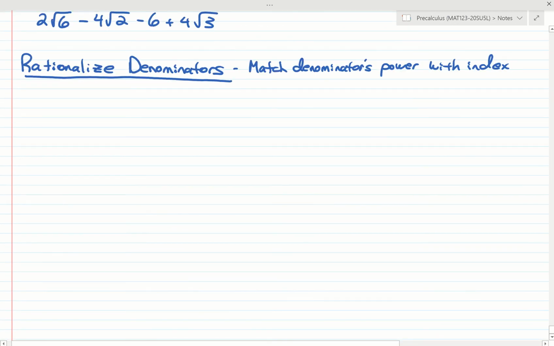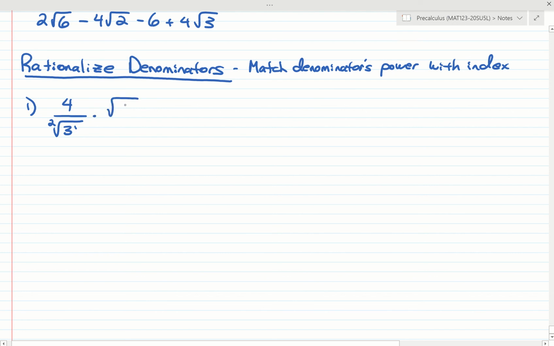Let me show you what I mean. What if we had 4 over the square root of 3? Well, we don't want to have a radical in the denominator. That's bad manners. So this is really the second root of 3 to the first. I want to make the power of 3 match the index.